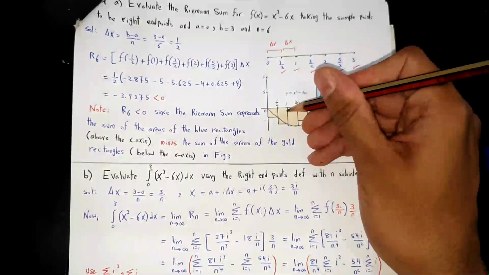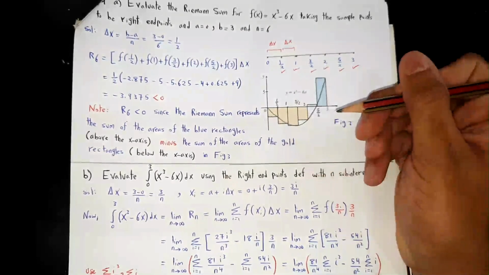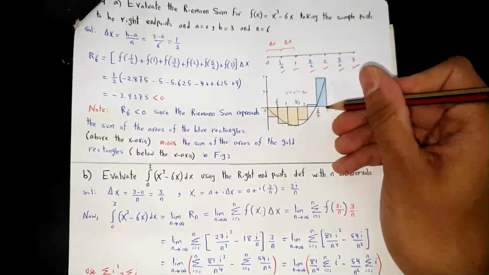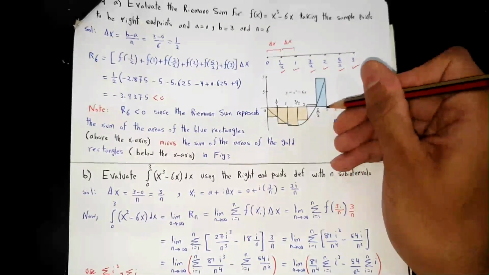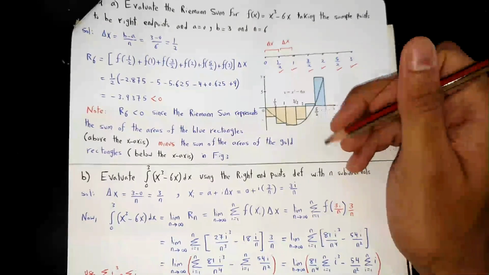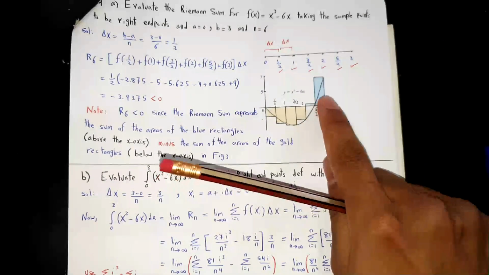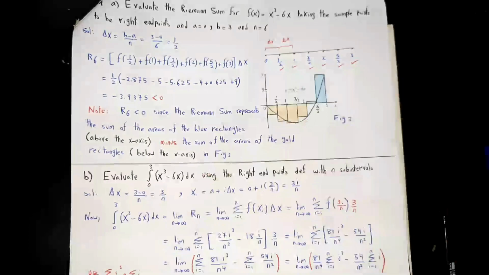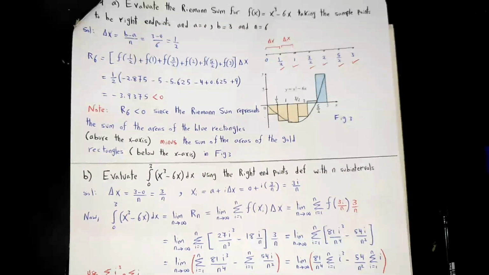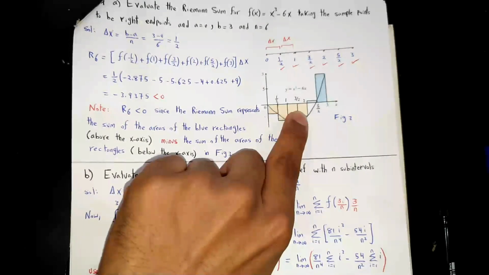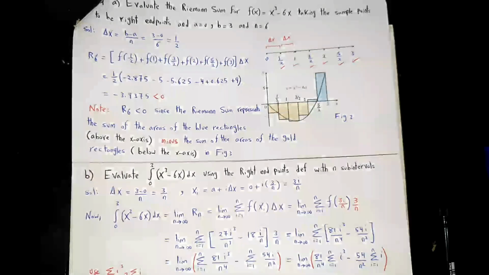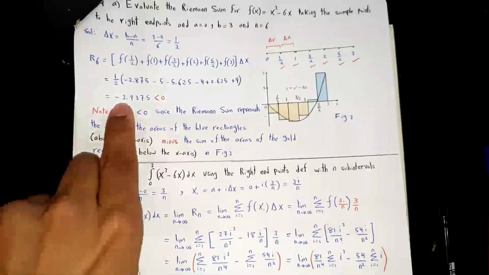Similarly here, start from 1 and hit the curve and go to the opposite side, etc. until you get, for example, in the last interval at 3. So you hit the curve and you go to the opposite side. So here, sometimes you will have rectangles above the x-axis and sometimes you will have rectangles below the x-axis. Here, the yellow rectangles dominate the blue rectangles. So we expect the Riemann sum to be negative.